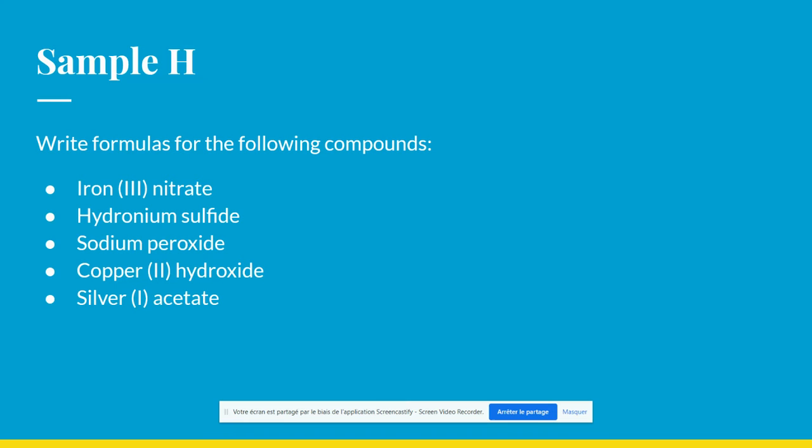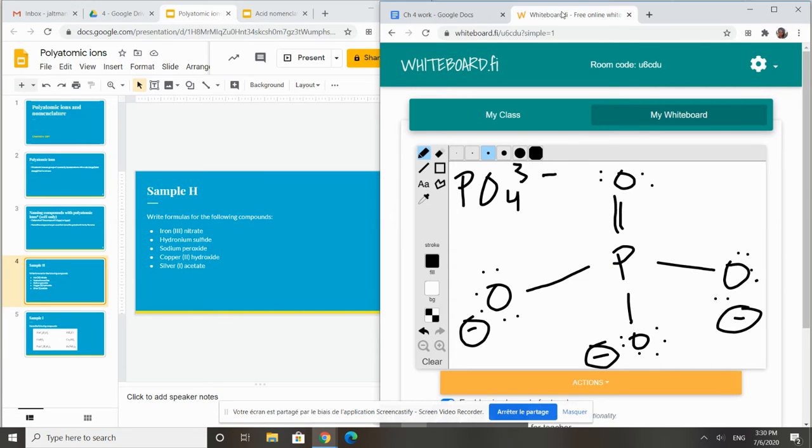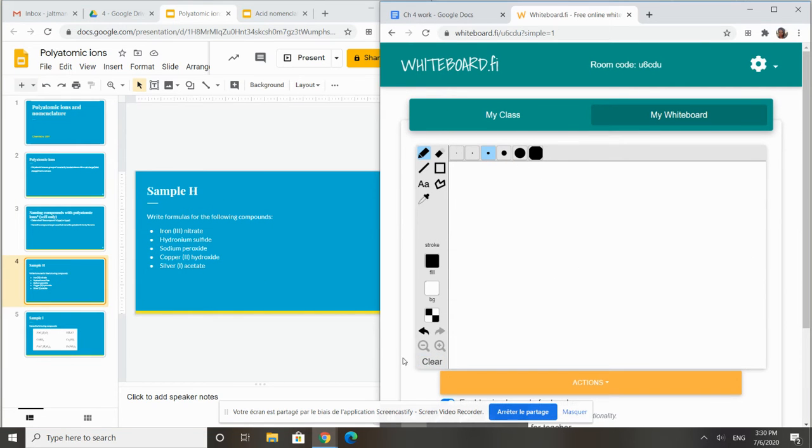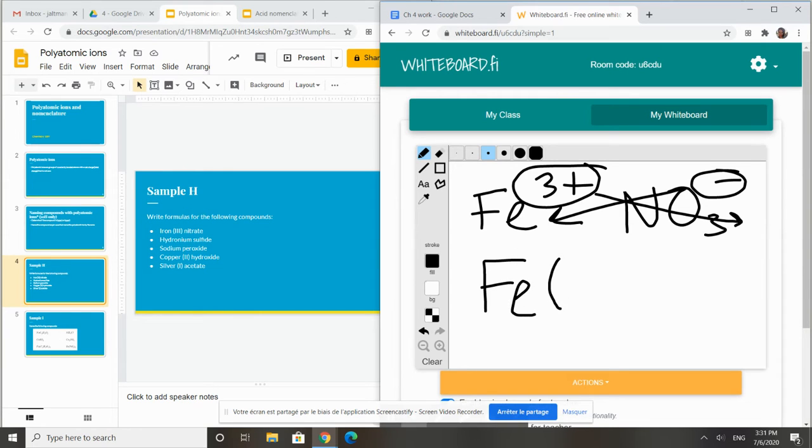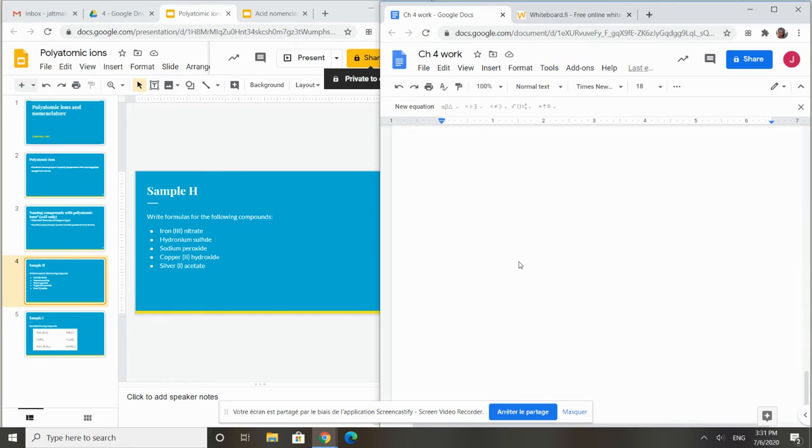Let's take a look at an example. I've got iron(III) nitrate. This is type 2, so I've got iron with a 3+ charge. I go to my polyatomic ion sheet and find nitrate, which is NO3 minus, and I crisscross. So I have Fe, I don't have to write the 1, and then parentheses, NO3, 3. Anytime you're putting a number on the outside of a polyatomic ion that is not 1, you must use parentheses.